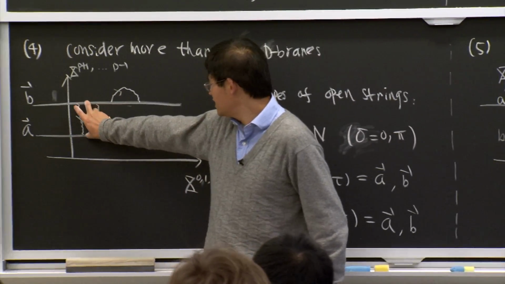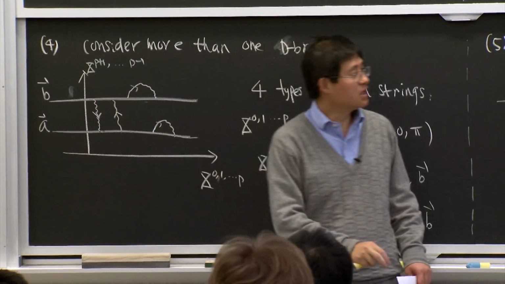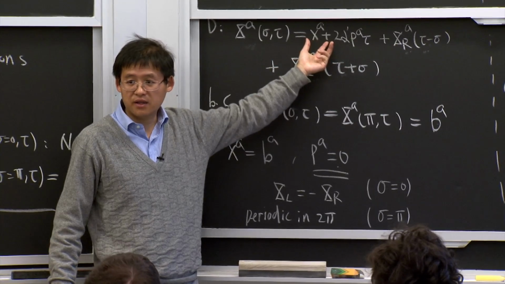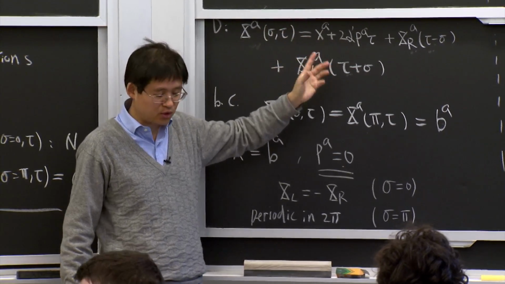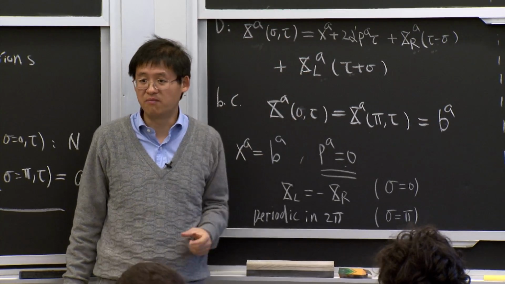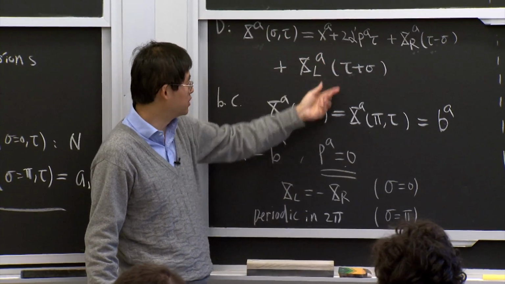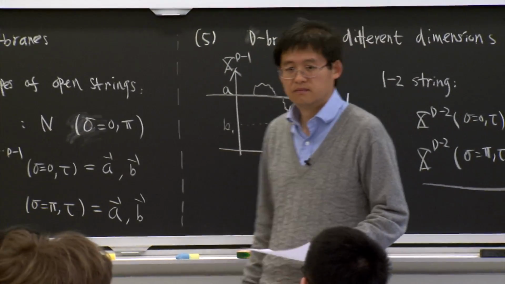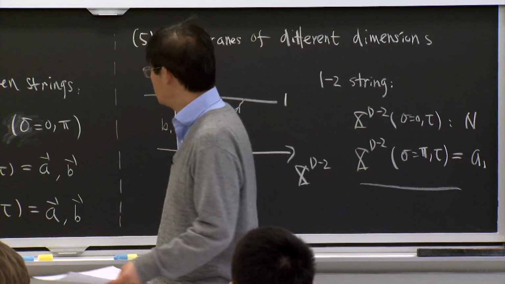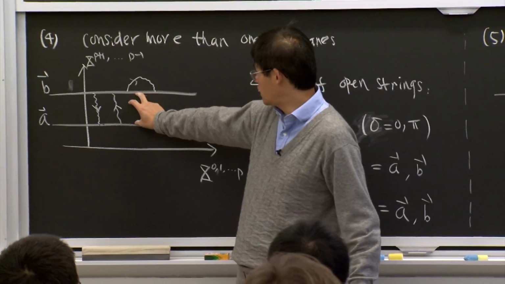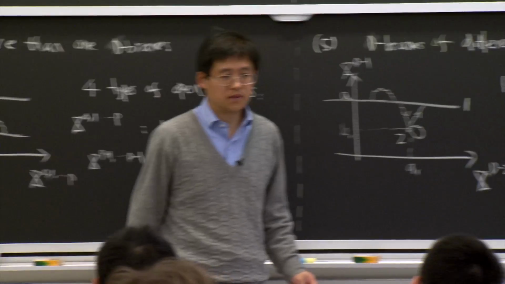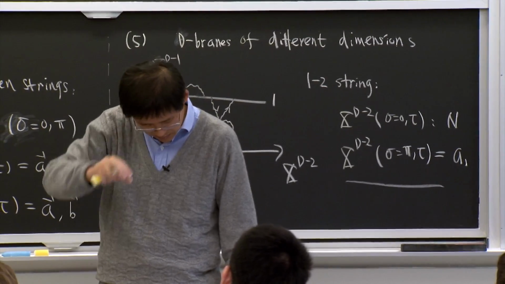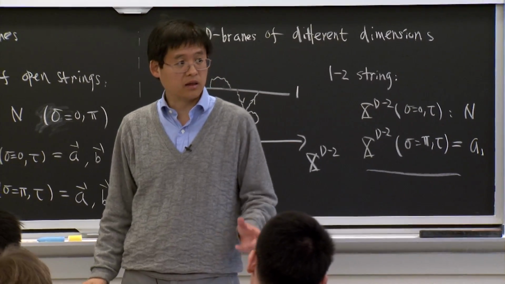You see there's a distance between them, so now you actually need to include the sigma term here to account for this difference, because now the 0 and the pi are no longer the same. Here I don't need to put in the sigma term because the 0 and the pi are the same. So the zero-point energy will change? Yeah, the zero-point energy will change, and essentially it's given by the mass of the string stretched between them. That's a very instructive exercise. Actually, maybe I already put it in the current P set. I don't remember. Anyway, other questions?